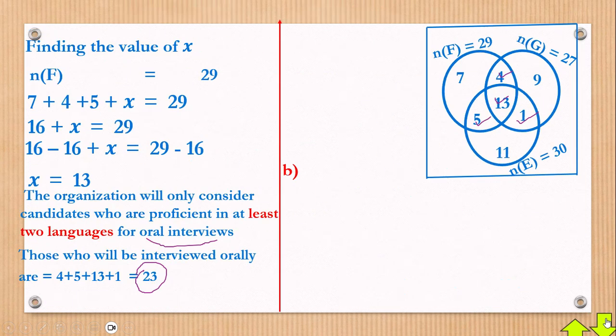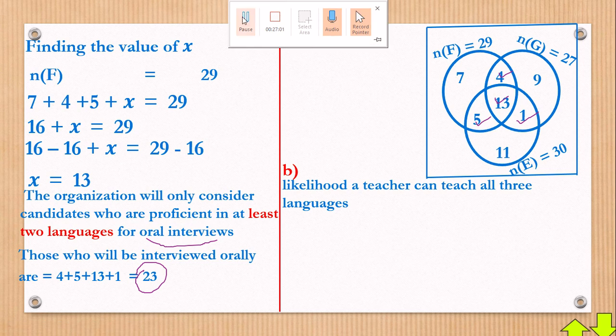Let's go back there. Okay, let's conclude and say the likelihood a teacher can teach all 3 languages means the probability, and this will give us, alright, good.